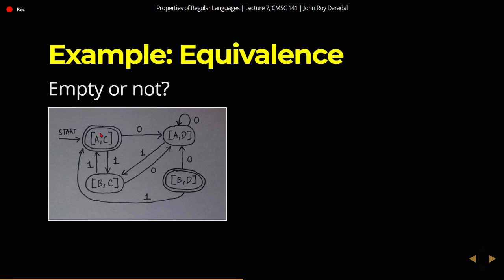Okay, so remember the emptiness algorithm. So we'll try to reach all of the possible reachable states from the start state. But from the start state itself, we can already reach a final state AC because it's the start state and also a final state.